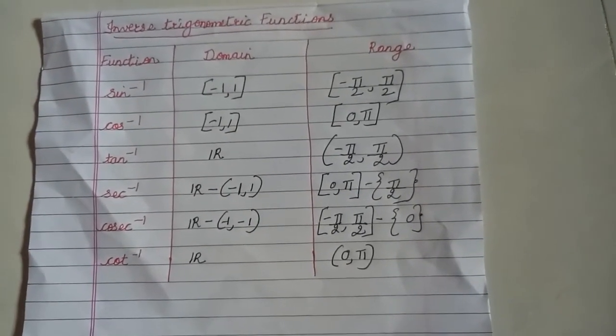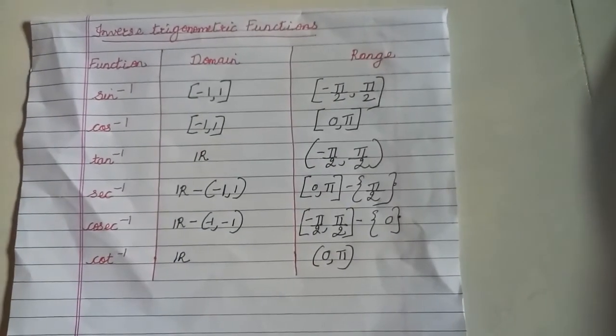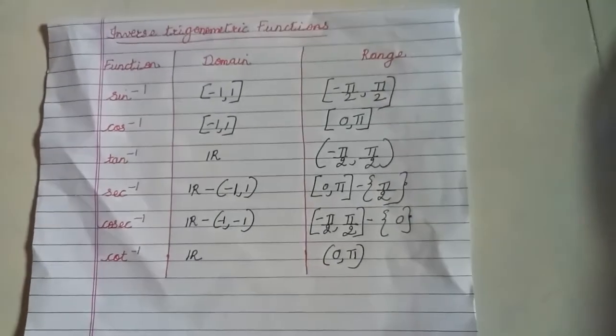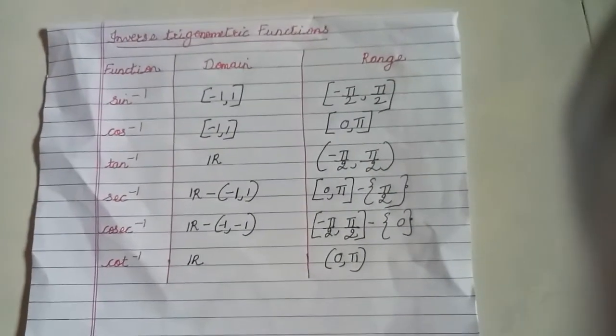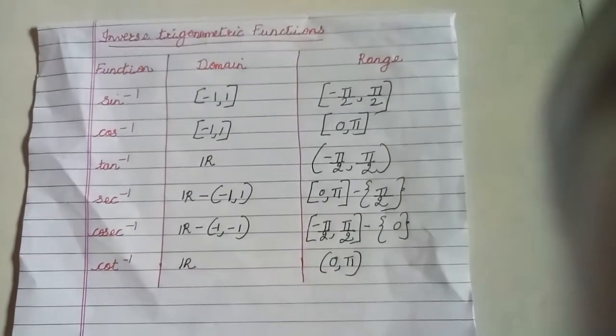Unless it is locked, you keep a small table like this for easy reference. Only for some days you make it, don't make it a habit, and I'm sure that once you are habituated to this kind of problems, domain and range, everything will come.